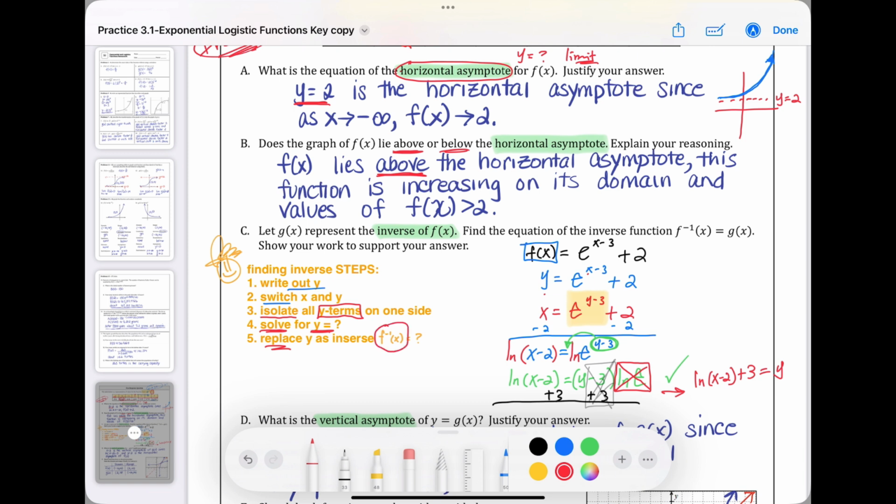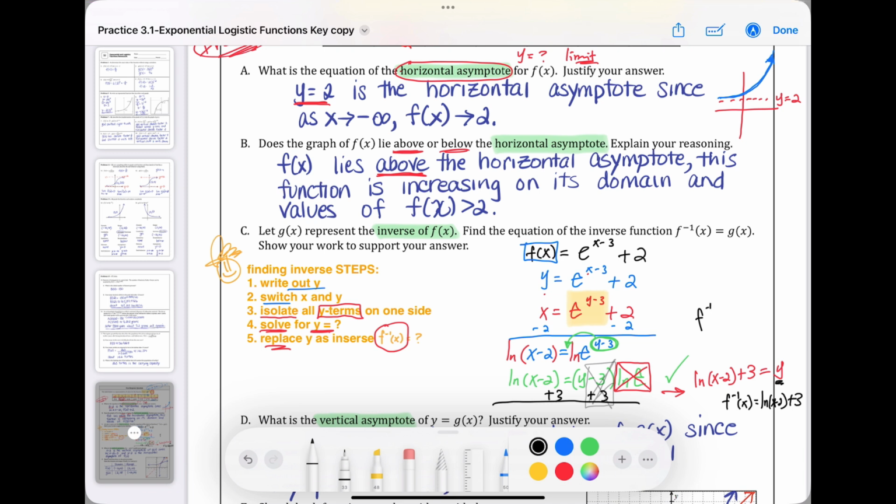Okay, last step, we're going to replace the y with the inverse symbol notation. So aka what you see is what you got. So you know that the y, I'm going to write it as the inverse function f to the negative 1 of x is equal to natural log of x minus 2 then plus 3.